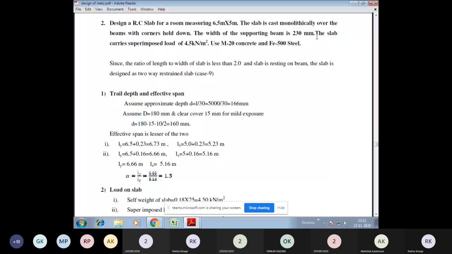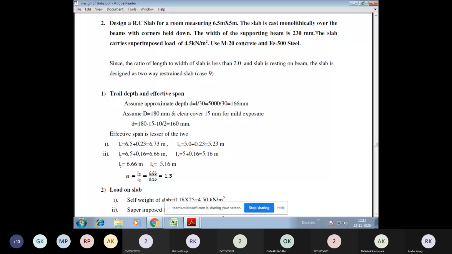We consider the case 9 of table 26, that is 4 edges discontinuous. In this case, we have only the positive moment at the midspan. If the edges are continuous, then we need to consider the negative moment at the support section.